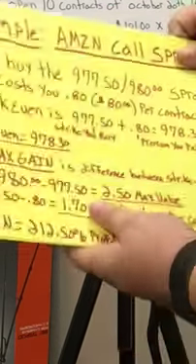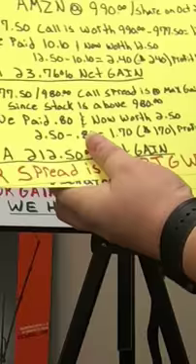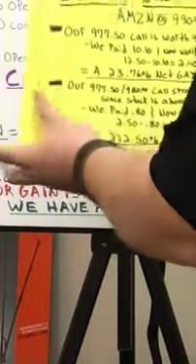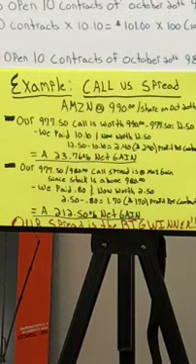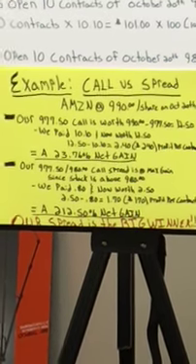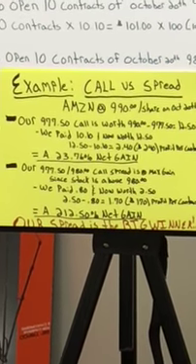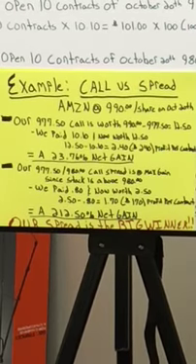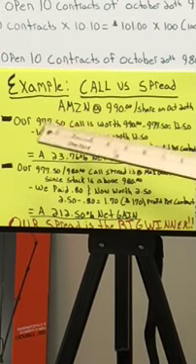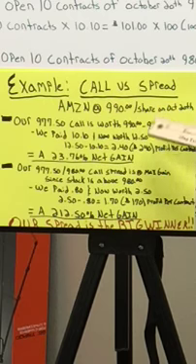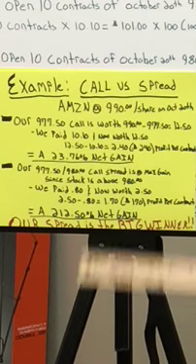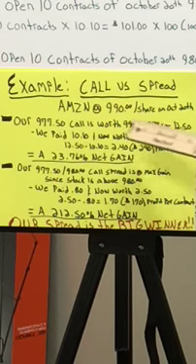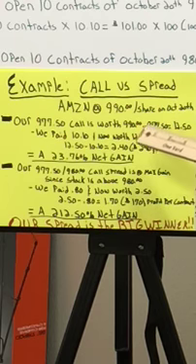Let's see how it would have worked out. So again, in this example, we're going over the call versus the spread. Let's say Amazon's at $990 a share on October 20th. All right.